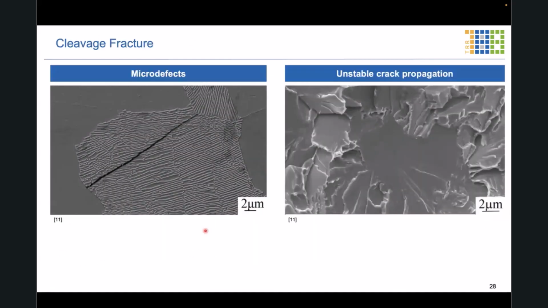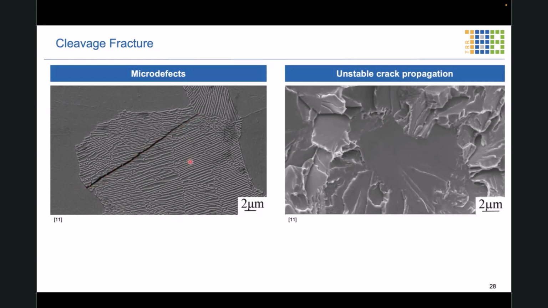What is now the underlying mechanism of the cleavage fracture, which results in relatively brittle material behavior? The underlying mechanism is twofold. At first, we are producing tiny micro defects as a result of the applied stress, like here in this ferritic pearlitic steel, where a crack has run through the pearlite.